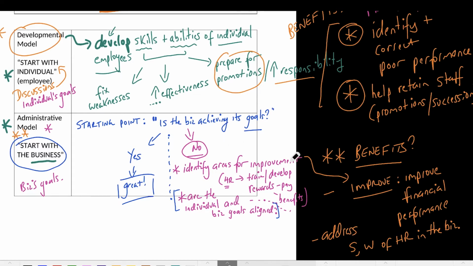So just to clarify, if we improve on those areas, that's one, then step two, we can improve financial performance. Also, by applying this administrative model and improving those areas, we could then address the strengths and weaknesses of HR in the business and try and fix things that aren't working very well.